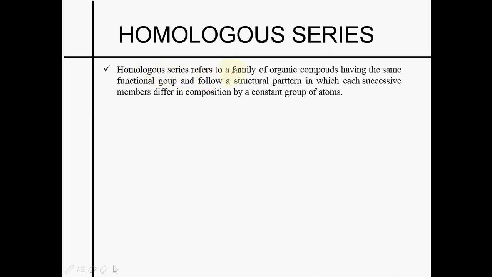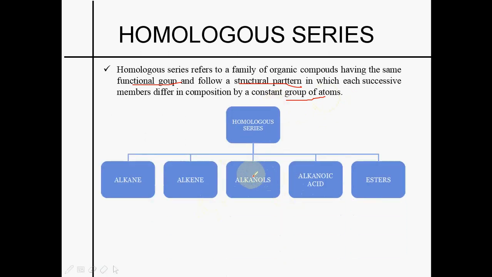So I'll say it's a family of organic compounds having the same functional group and follows a structural pattern in which each successive member differs in composition by a constant group of atoms. So this is how I easily define homologous series. The examples that we give here are alkanes, alkenes, alkanols, which is commonly known as alcohols.